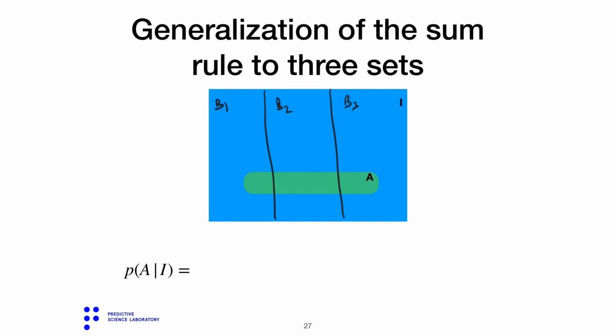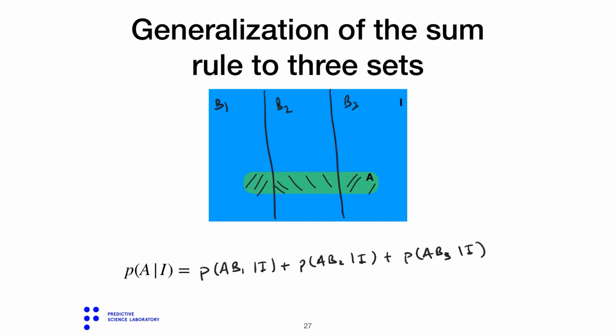The probability of A given I can be decomposed as follows. Probability of A and B1 being true at the same time plus the probability of A and B2 being true at the same time plus the probability of A and B3 being true at the same time. And of course these probabilities correspond to these areas respectively.